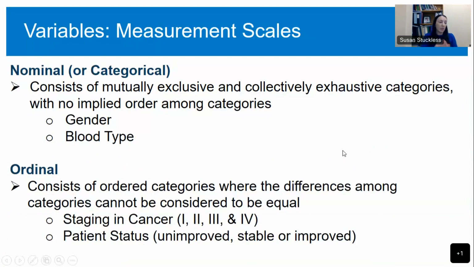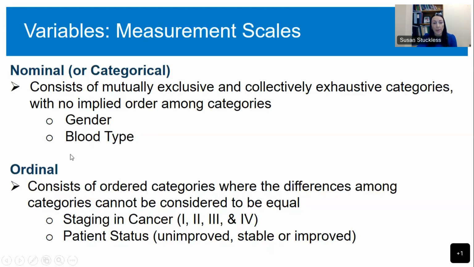One of the first things I wanted to talk about was your variables and the measurement scales that they might be on. The basic ones would be a nominal type variable, or categorical as we like to call it as well, which consists of mutually exclusive and collectively exhaustive categories. Looking at gender and blood type, a person would only usually belong to one of those categories.